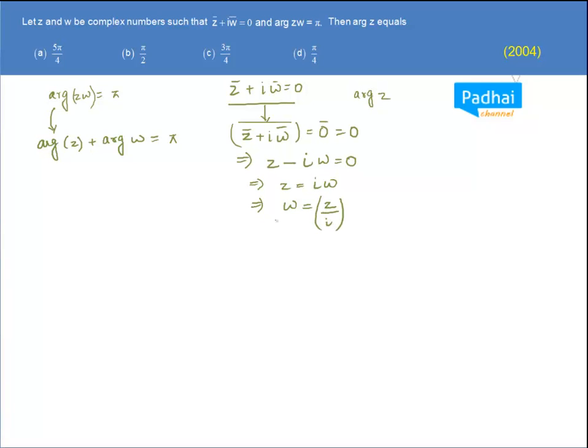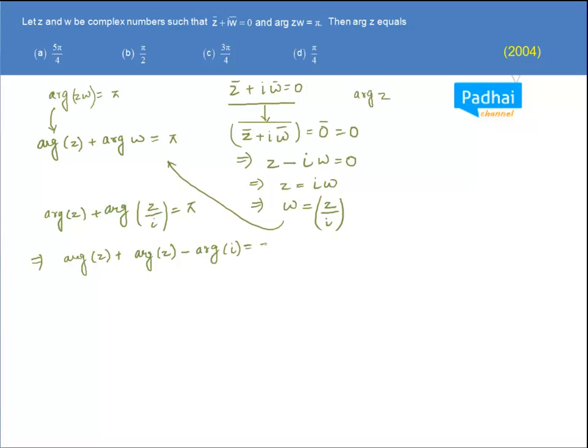Now if I put this thing again in this equation, let's see what it will become. Argument Z plus argument Z by iota is equal to pi. Now if I again use the property of arguments, that argument A by B is nothing but argument A minus argument B, this will be argument Z plus argument Z minus argument i is equal to pi.